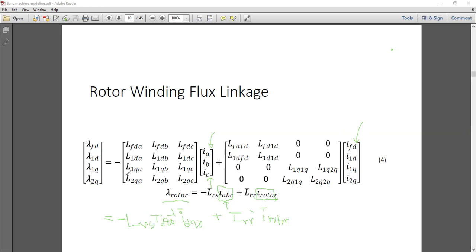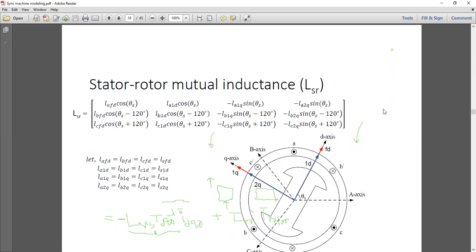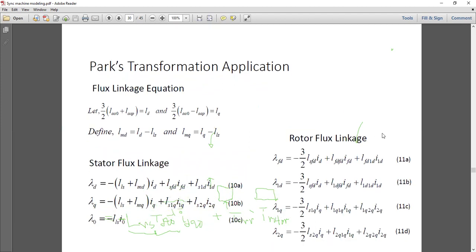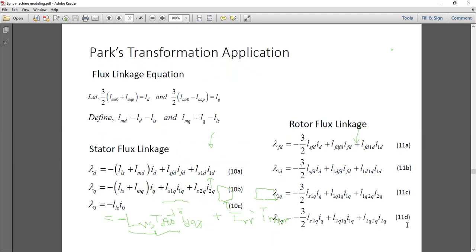If you multiply the LRS expression with the TDQ0 inverse expression, then you will get the equations that are presented here, 11A up to 11D. A little bit of manipulation is required there. It's not straightforward, specifically for getting these ID and IQ.